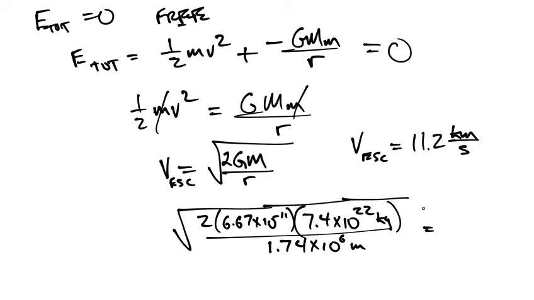And when we plug that through our calculator, we're going to go 2 enter, 6.67 EE negative 11, times 7.4 EE 22, and then divided by 1.74 EE 6, and we take the square root, and we're going to get 2,382 meters per second, or 2.38 kilometers per second.